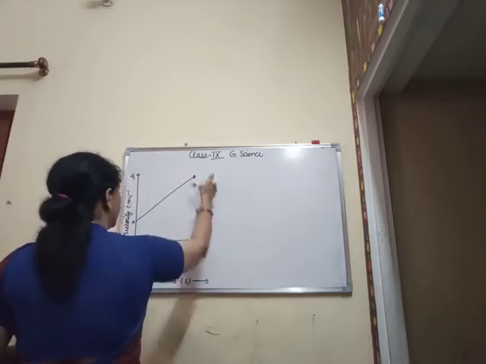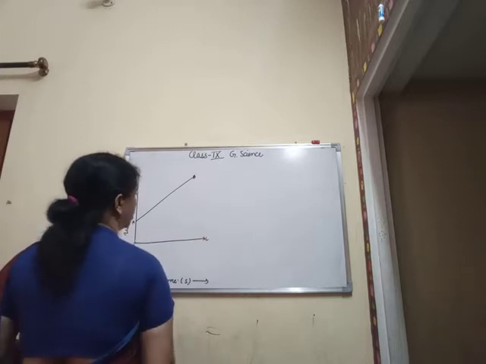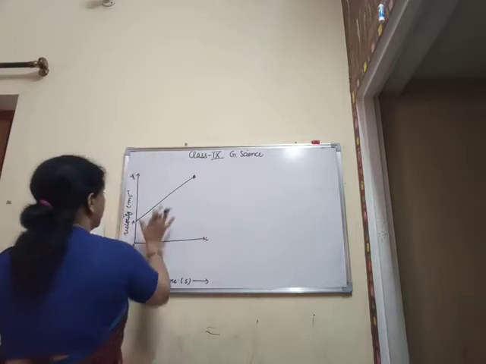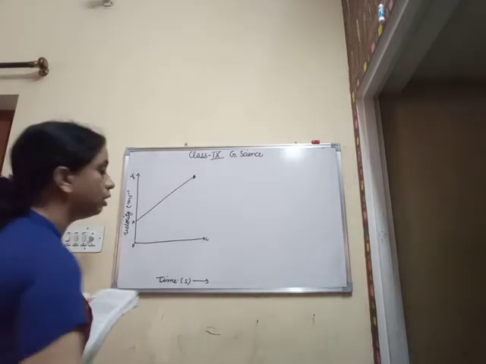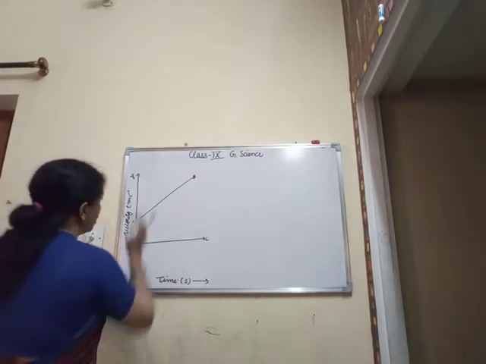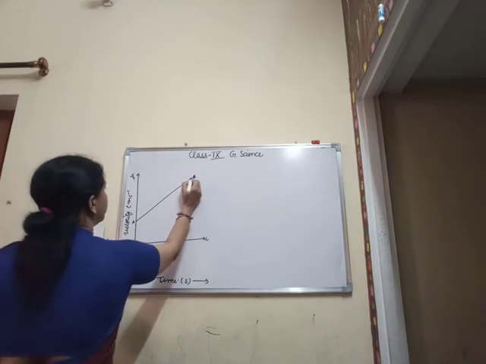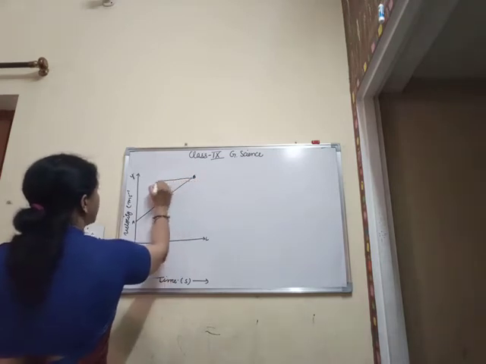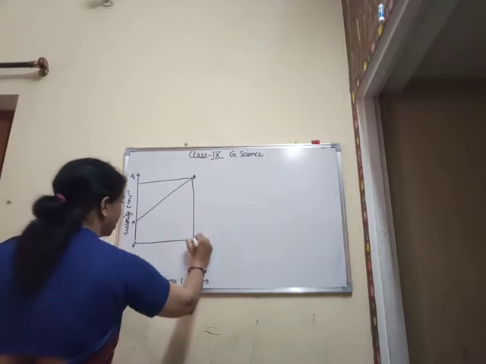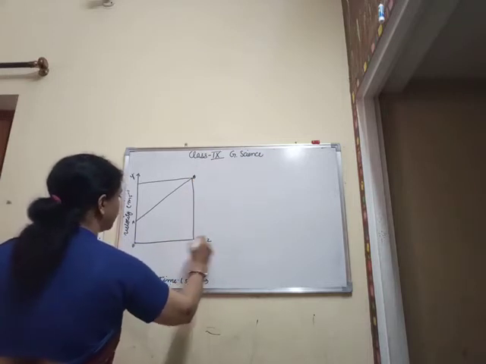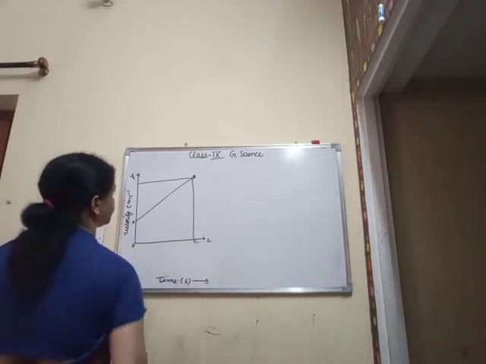Okay, so here BC represents the final velocity, and A to B represents the change in velocity, or we can say it the acceleration. Okay, now if we plot perpendiculars, from the B point we plot out two perpendiculars here. This is the C point.